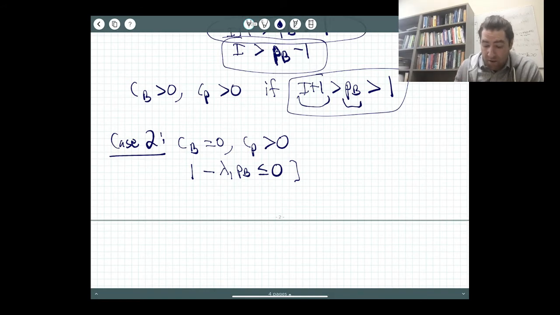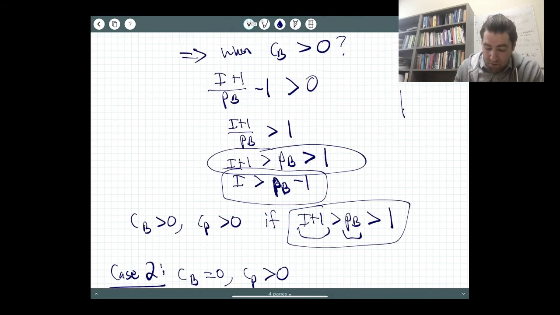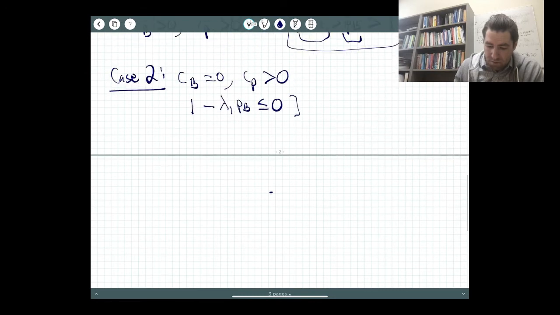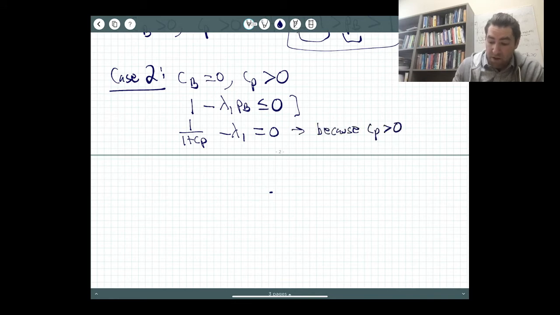The other first order condition, 1 over 1 plus CP minus lambda 1, does have to be equal to 0 because in this case CP is strictly positive. So I could solve for lambda 1 and I would know the value of the multiplier.